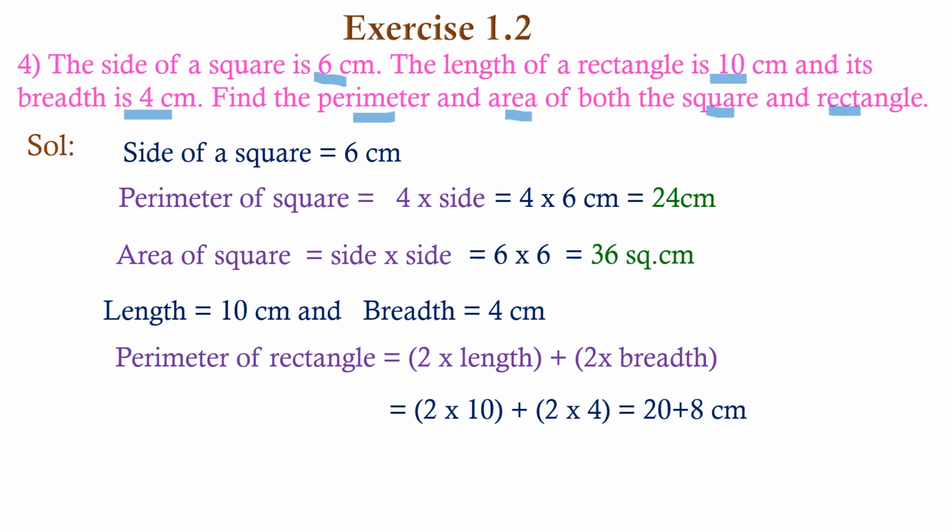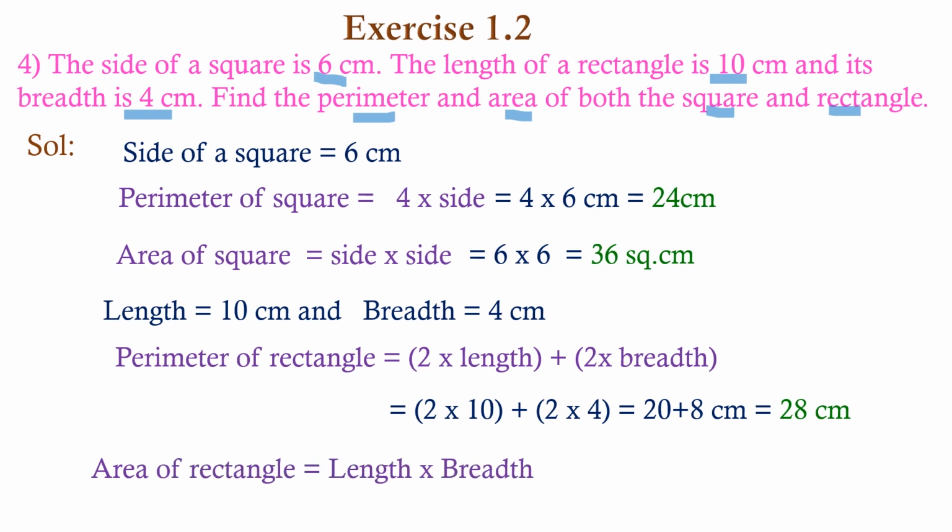When we add 20 plus 8, 28 cm. So the perimeter of a rectangle equal to 28 cm. Similarly, area of rectangle equal to length into breadth is equal to 10 into 4. 10 fours are 40 square centimeter. Now we find out perimeter and area of both square and rectangle.